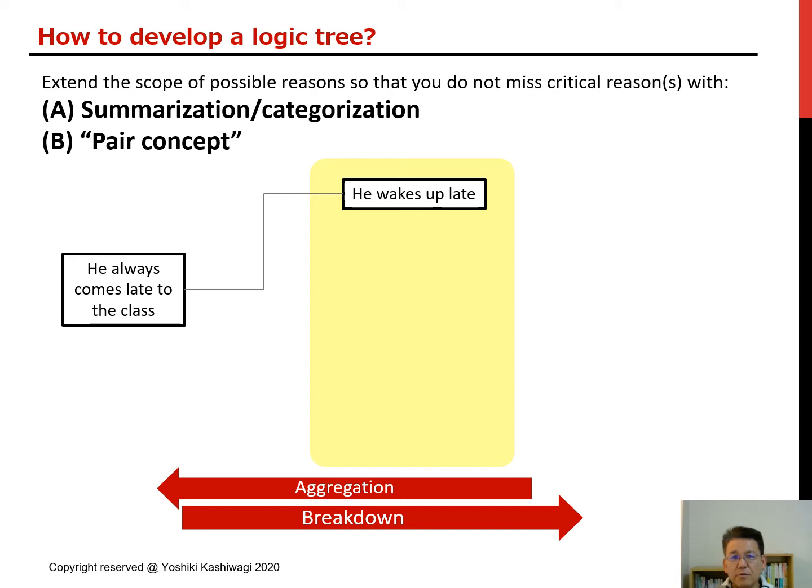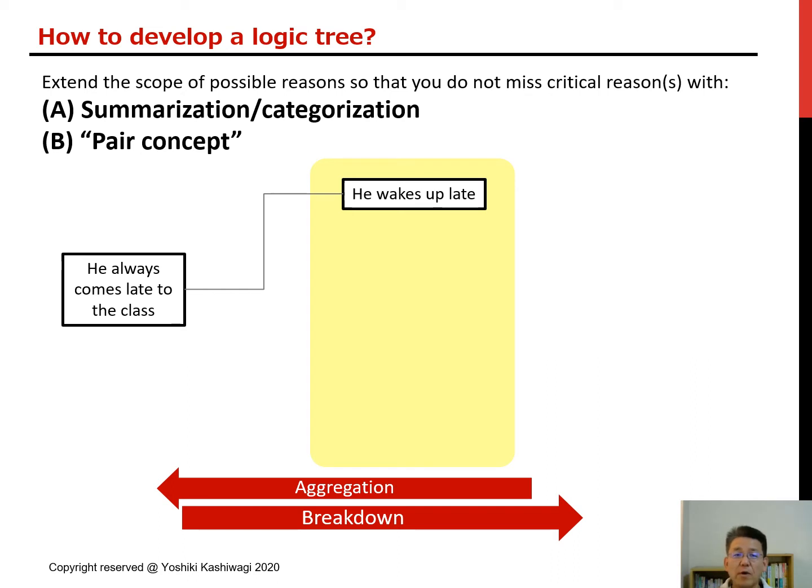I'd like you to understand some techniques to apply for a logic tree. Let's take another example here. The issue you identified was he always comes late to the class. This is the problem. And then you ask questions.